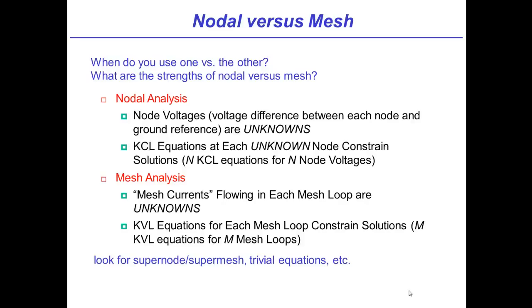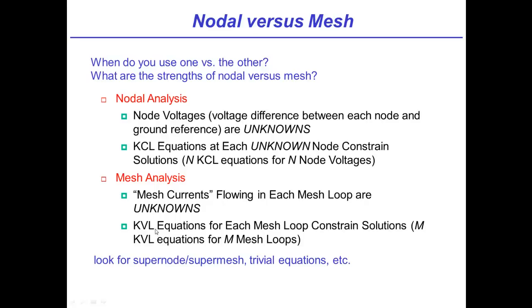Okay, but the question still arises: which one should you use given some arbitrary circuit? And to answer that, let's consider what nodal analysis does versus mesh analysis. Remember, nodal analysis uses KCLs to determine node voltages, so node voltages are unknowns. And mesh analysis uses KVLs to define mesh currents. So really the main difference is in nodal analysis you're doing KCLs, and in mesh analysis you're doing KVLs.